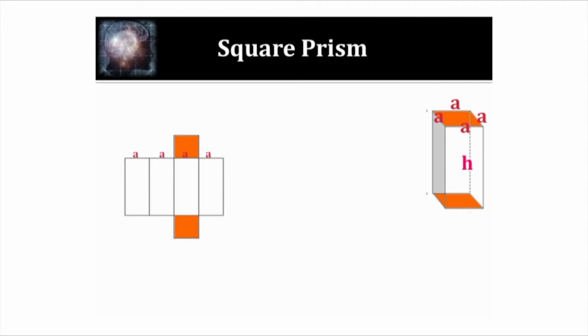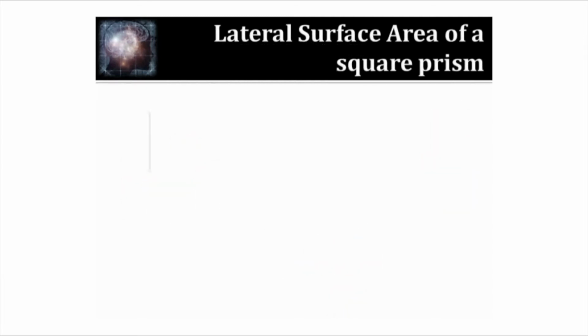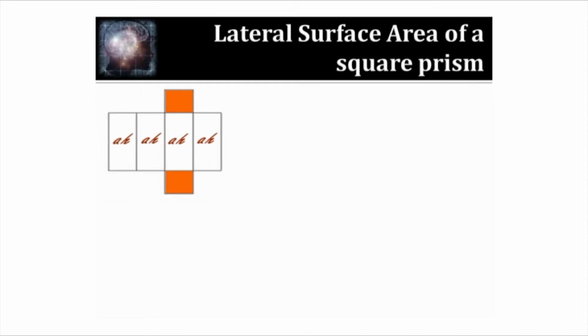If the height of the prism is h, then the width of each lateral rectangle will be h. Then the area of each lateral rectangle will be AH. LSA is the sum of the areas of 4 lateral rectangles. That is, LSA is equal to AH plus AH plus AH plus AH. Here we have 4AH.